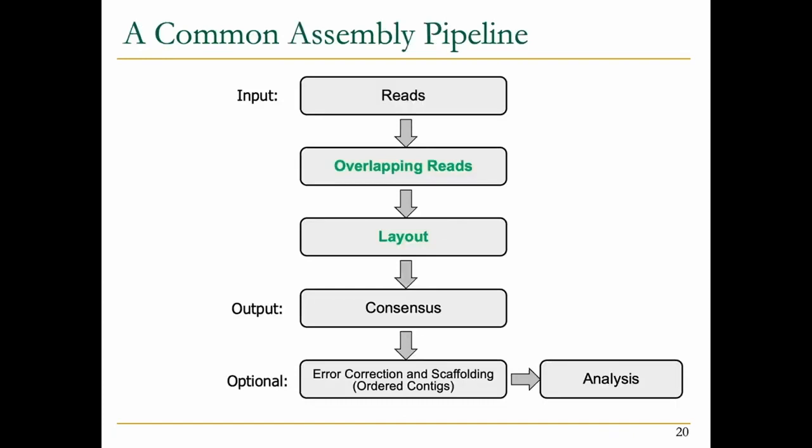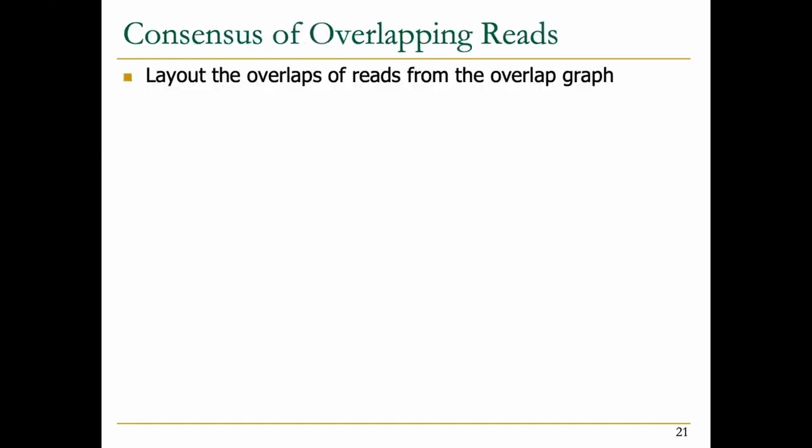All right, so how do we actually generate the contigs or spell out the string from the overlap graph, which we call the consensus, which is actually the output of the genome assembly step? What we do is lay out the overlaps of reads from the overlap graph, because we know the ordering of them, we know the edges, we know the connections between them, right?